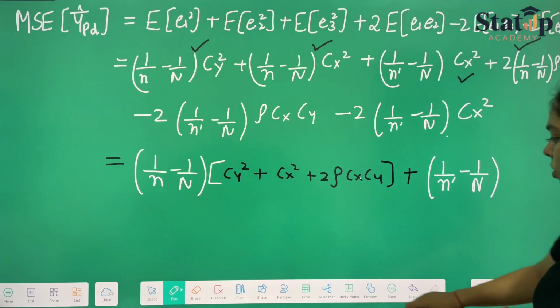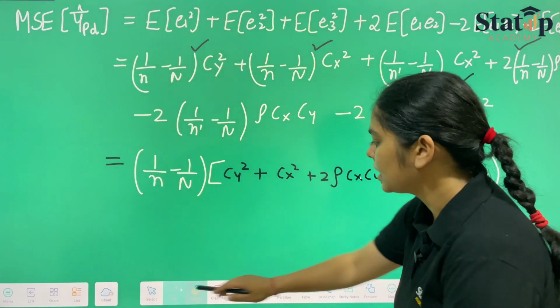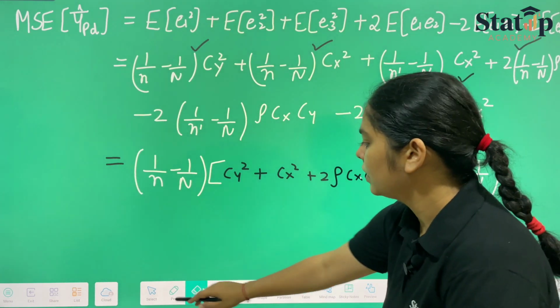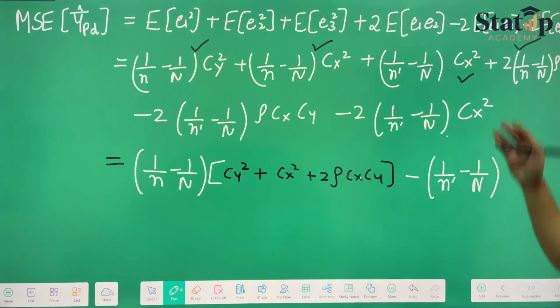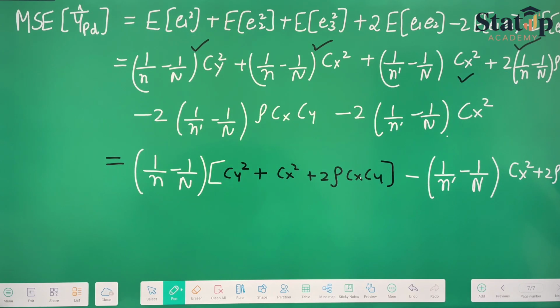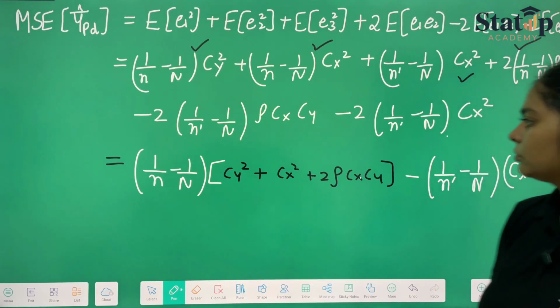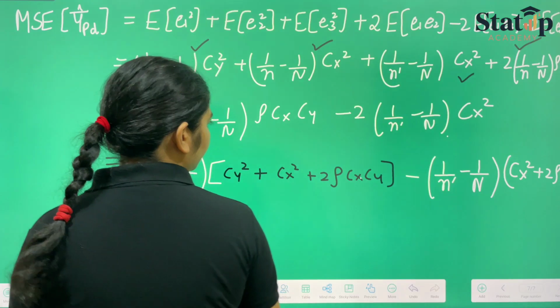So let us take common sign as well. We are taking the sign minus here. So it will be plus Cx square and plus rho Cx Cy plus 2 rho Cx Cy. We are taking this as well.